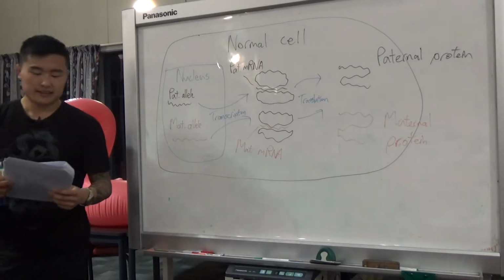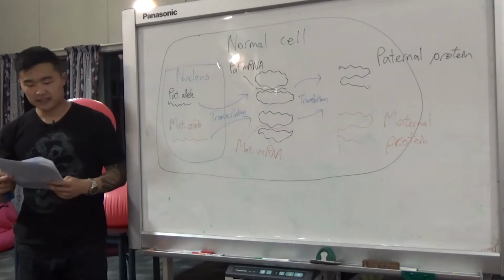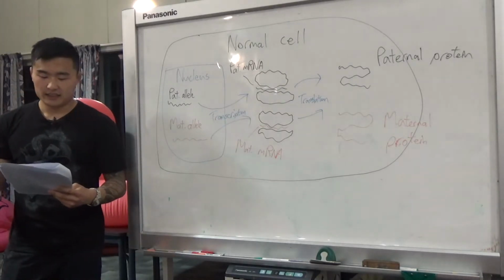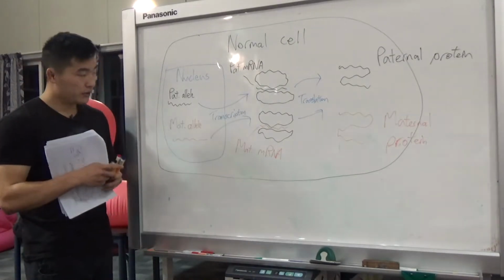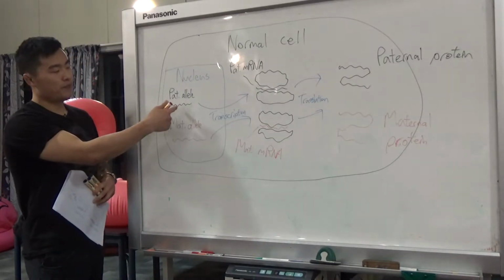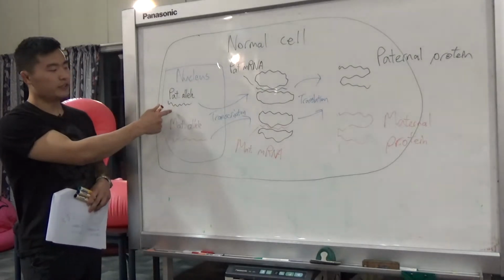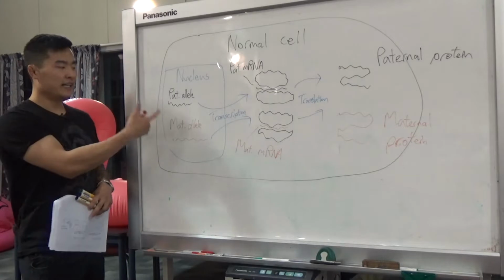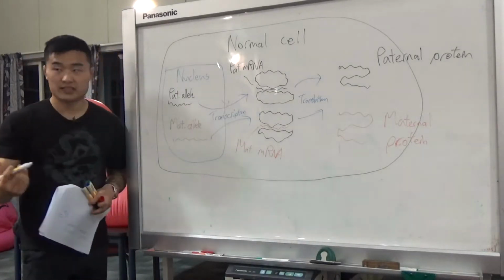But what can happen is that you can have a mutation in one of these alleles. So if there is a mutation, maybe the promoter region gets mutated, so then the binding site for RNA polymerase is mutated, then RNA polymerase can't bind, then you won't have any transcription occurring.